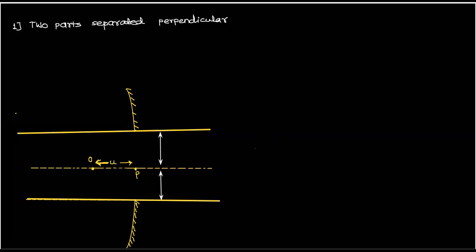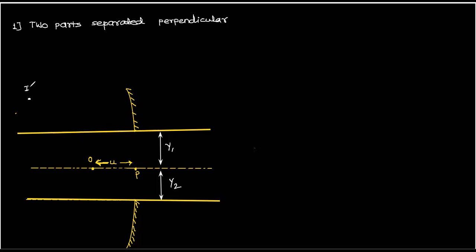What is the distance? Y1, and this one is y2. It means these two pieces we have placed like this, y1 and y2, perpendicular to the principal axis. Now for this piece you are getting the image somewhere here.